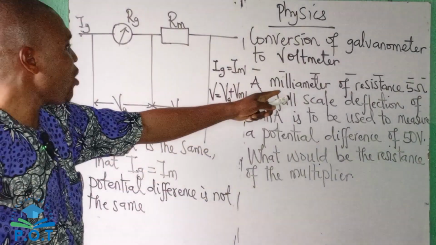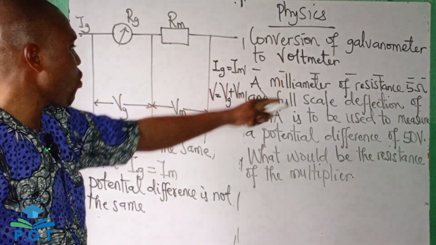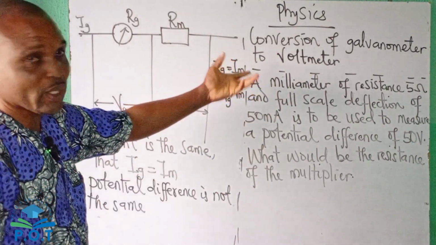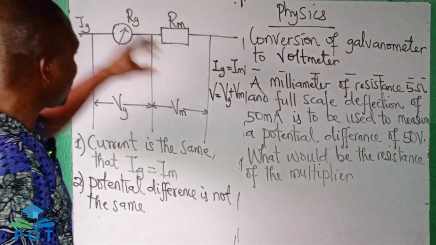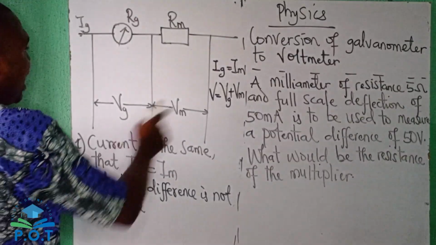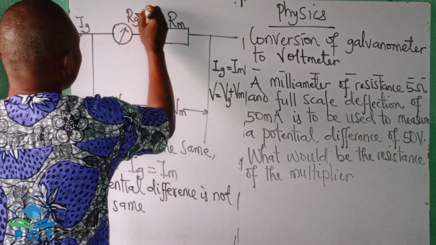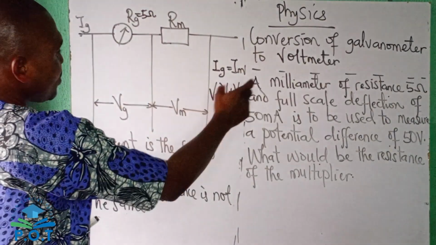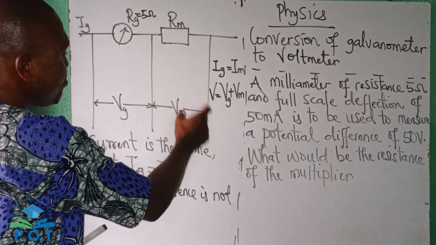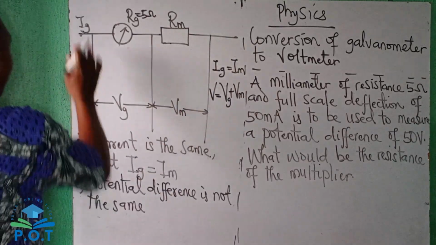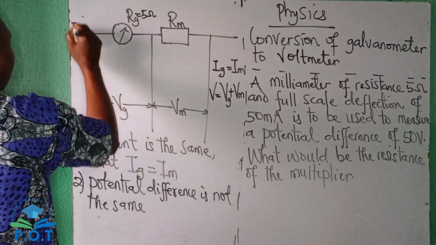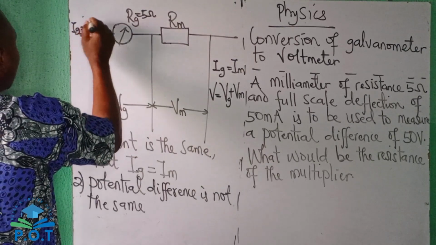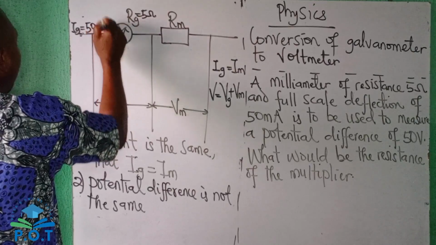A milliammeter of resistance 5 ohm. They use a galvanometer here, so we can use a galvanometer in place of the milliammeter. So from here our Rg is equal to 5 ohm. And a full scale deflection of 50 milliampere, that means our Ig here is equal to 50 milliampere.